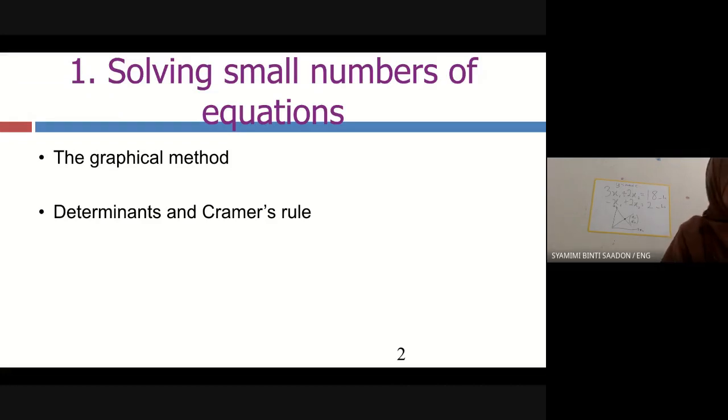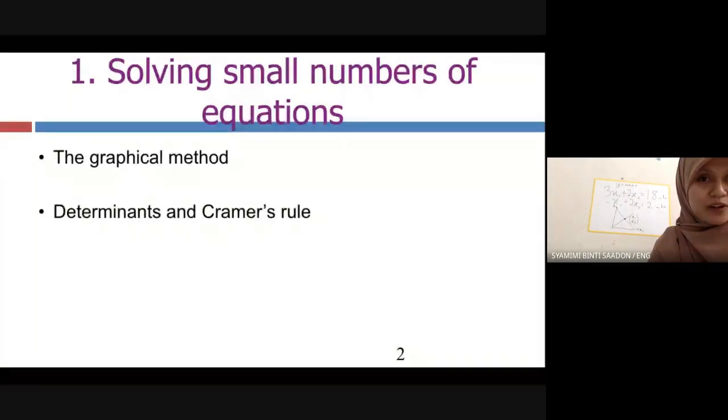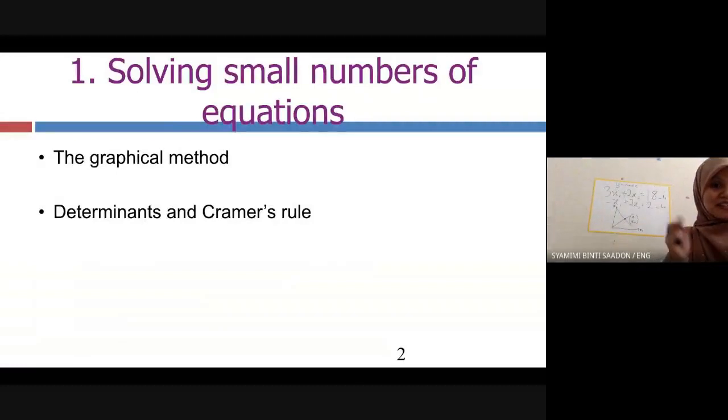Okay, for the time being, try the second method that I will show you, which is the determinants and Cramer's rule. As far as I remember, I think you have learned this method in engineering maths 1, which I taught to my previous group.